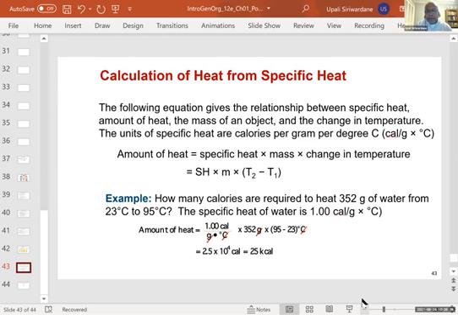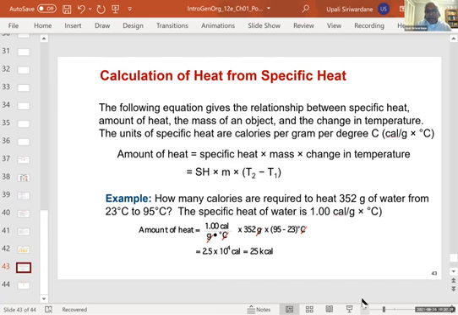T2 is final, T1 is initial. So if somebody asks you what is the heat absorbed by 10 grams of water by increasing the temperature from 40 to 60 degrees Celsius, you can plug in and calculate.